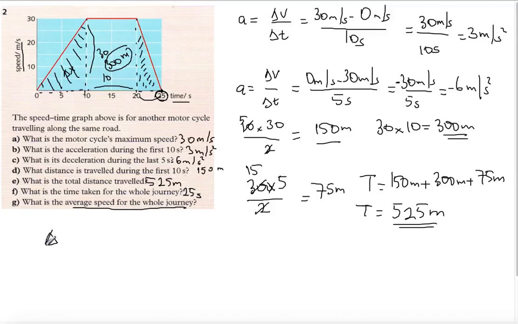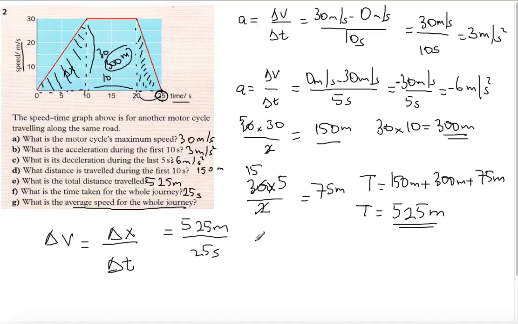What is the average speed for the whole journey? What did we say? Average speed equals taken distance out of taken time. The taken distance we calculated is 525 meters out of 25 seconds.